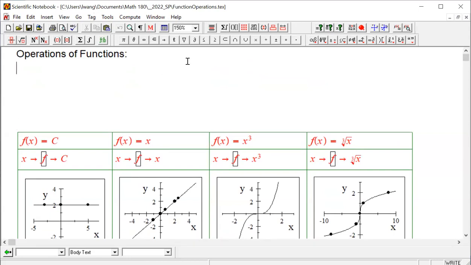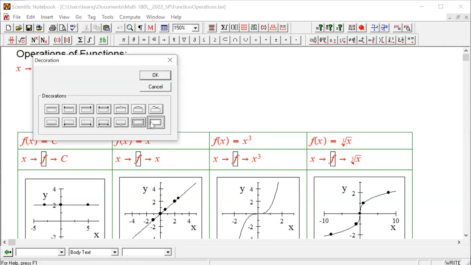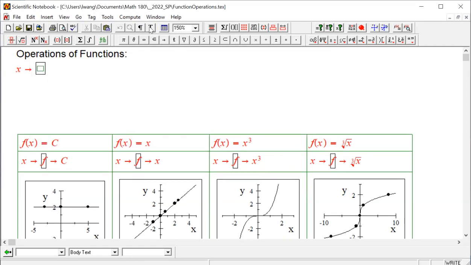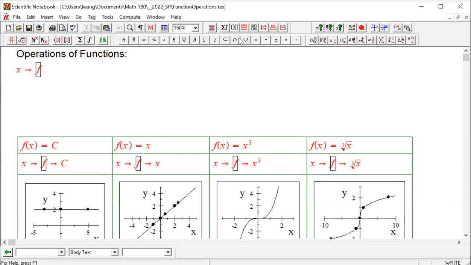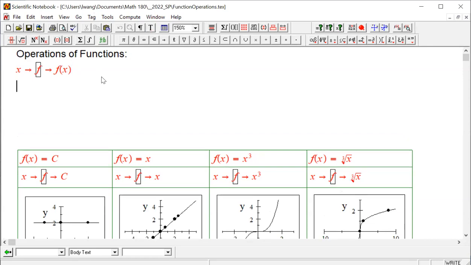First of all, we know a function is a rule. What kind of rule is it? There's an input, and the rule is a function. It produces an output, f of x. Then what if there are 2 functions?